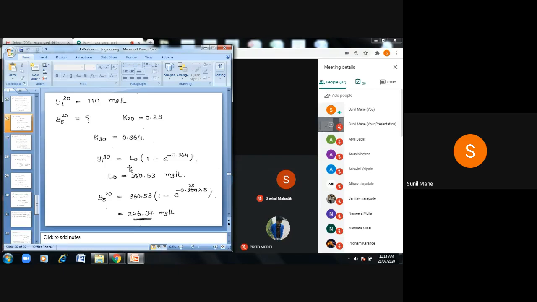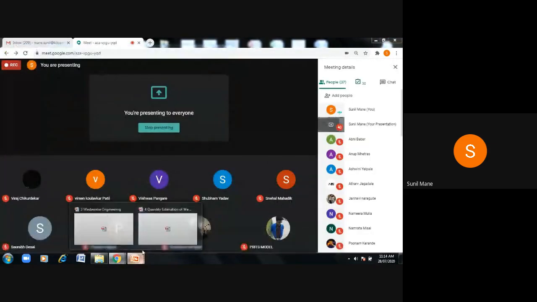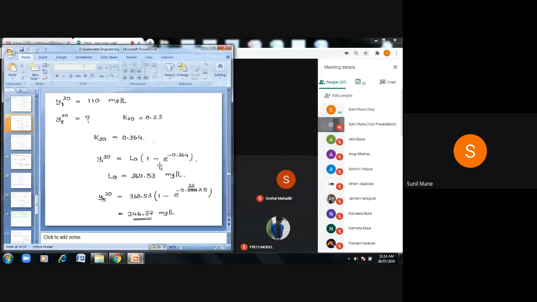After carrying out this calculation, we will come to know what the initial BOD is. For calculation of the initial BOD, we have this formula: Y at the number of days and degrees Celsius is equal to L initial, that is organic matter or BOD, in brackets 1 minus e raised to minus k into number of days.